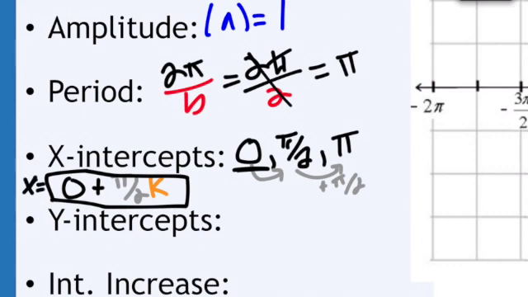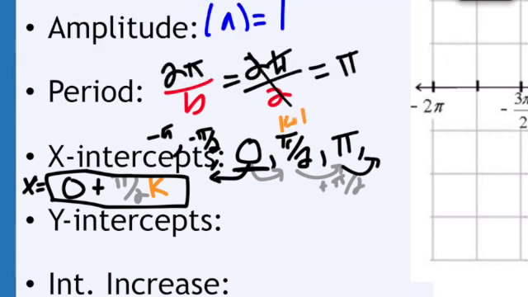Because they're starting at 0, every pi over 2 away, you'll continue to get all the values, right? Or if you go backwards, you'll get the negative ones, right? Negative pi over 2, negative pi, right? So the k value is just telling you which one you want, right?